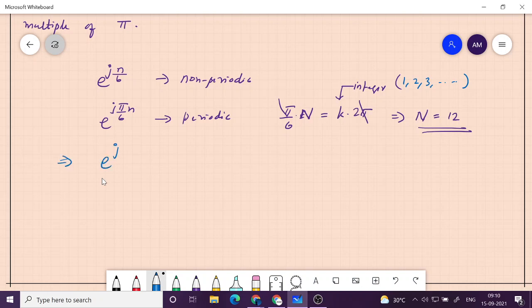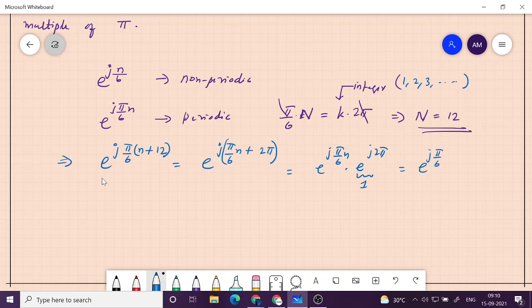So e raised to j pi by 6 into n plus 12. What will happen? e raised to j pi by 6 n, then 12 by 6 is 2 pi. So this is equal to e raised to j pi by 6 n into e raised to j 2 pi, which is basically 1. So we get back the original function, which is our x of n.